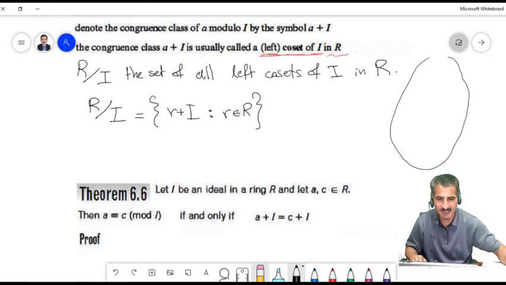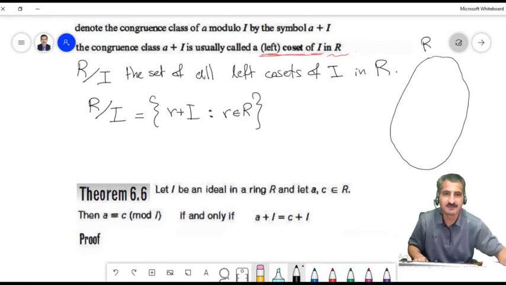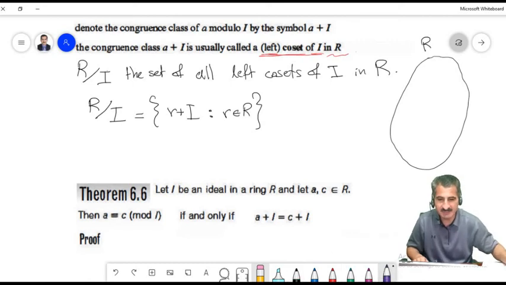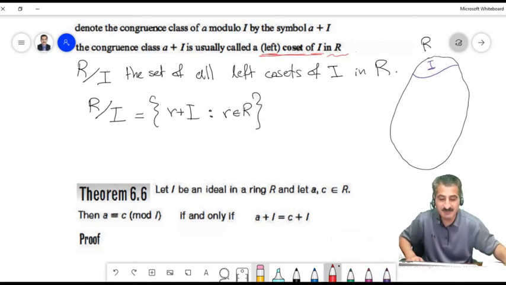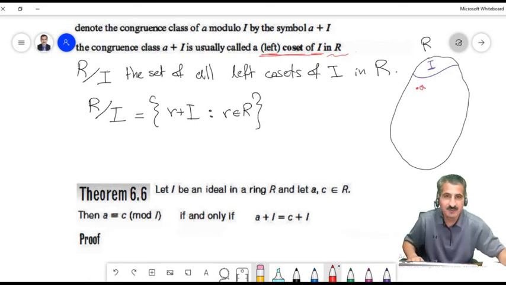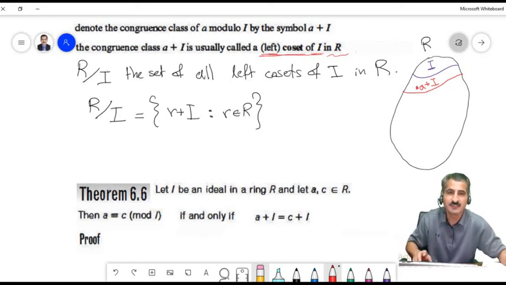Assume we have a ring R. I will assume this area is the ideal I. Now choose an element A, as we have done before, from outside I. Call all the elements in R that are congruent to A. We have already seen it is A plus I. So I started with an element and took the left coset of that element.